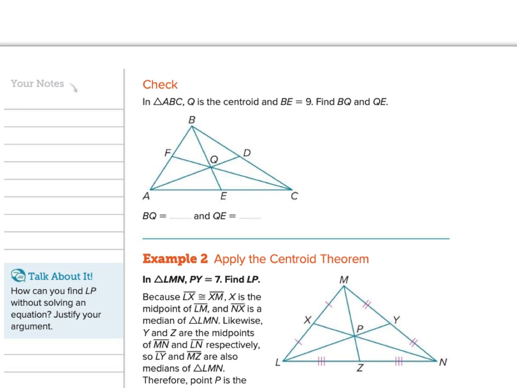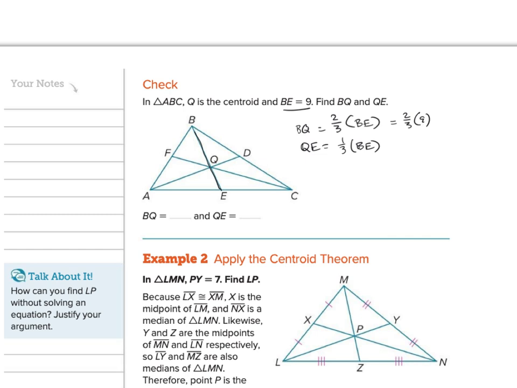Here, again, 2/3. The things that I know: BE is 9. The entire length is 9. And I know that BQ is 2/3 of BE. I know that QE is equal to 1/3 of the entire length. So again, this would be 2/3 of 9.